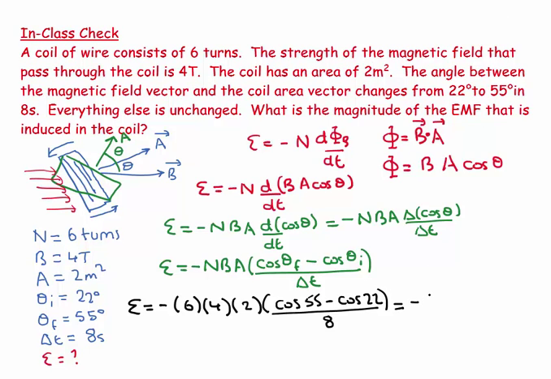So minus 2.12 volts. So my EMF is going to equal minus and minus make plus 2.12 volts. And so the magnitude of my EMF is going to equal just 2.12 volts.